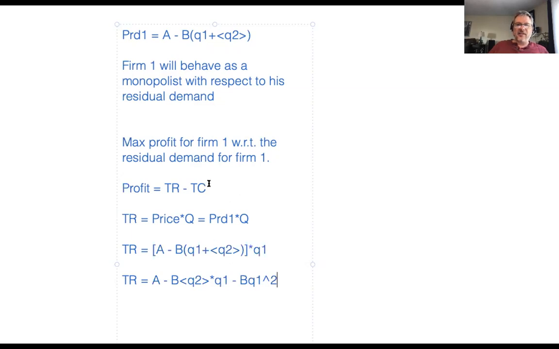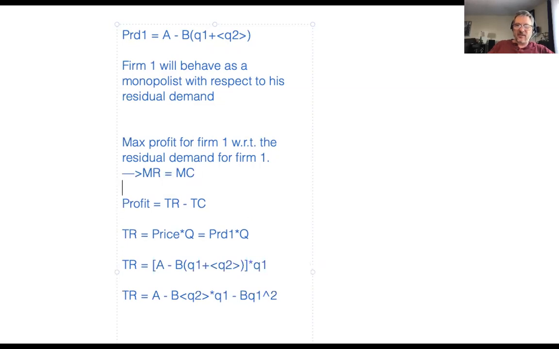And notice that for profit maximum, we're going to end up with the same rule we always end up with, which is marginal revenue is equal to marginal cost, identifies the profit maximum. Okay.